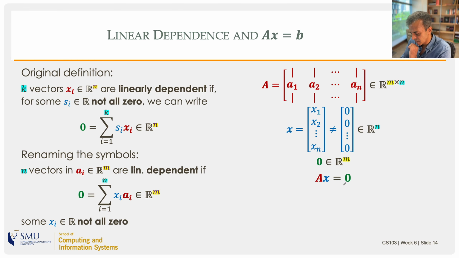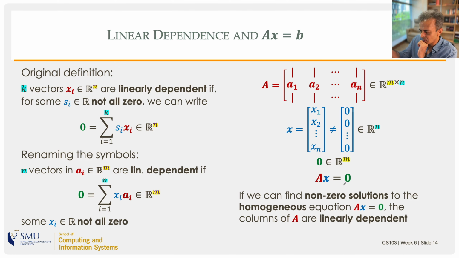Now let's give you a name for this kind of equation where the right hand side is a 0 vector. That is called a system of homogeneous linear equations. And if you can find non-zero solutions to the homogeneous linear equations system Ax equal to 0, then the columns of A are linearly dependent.